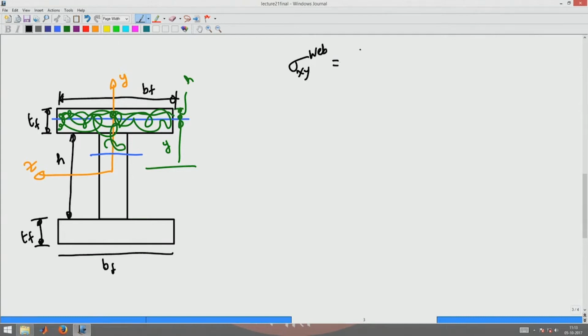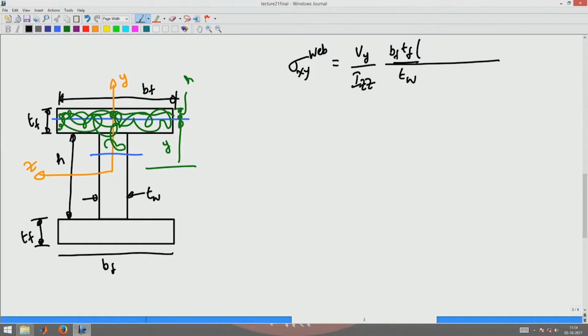Okay. So, that will be Vy by Izz into, now the width of this cut is Tw. Let us assume that the web is of thickness Tw. So, the denominator is Tw. Now, the area consists of two areas, one is the flange area which is Bf into Tf into its centroid.